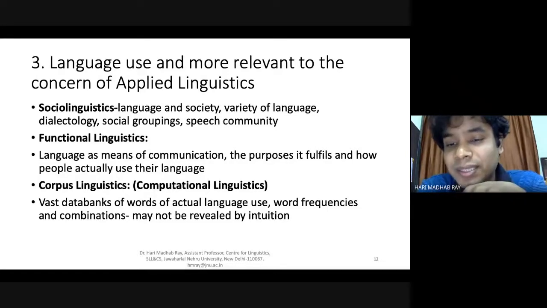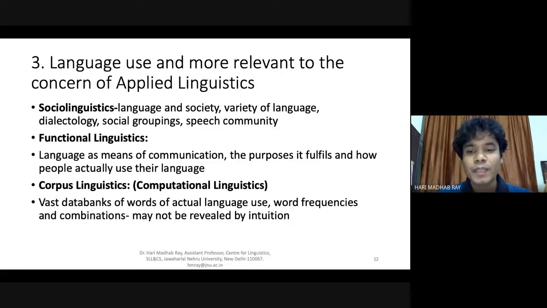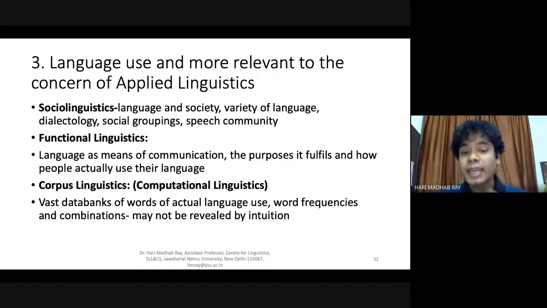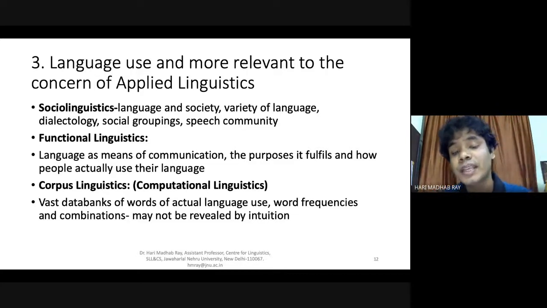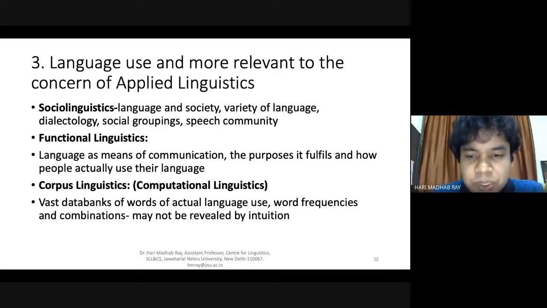Let's say you say that our data source is our intuition, and definitely intuition is, to some extent, good, but corpus linguists will say that yes, from the data source we can get lots of things, such as word frequencies and combinations, and there are many things which cannot be revealed by the kind of intuition we are talking about.